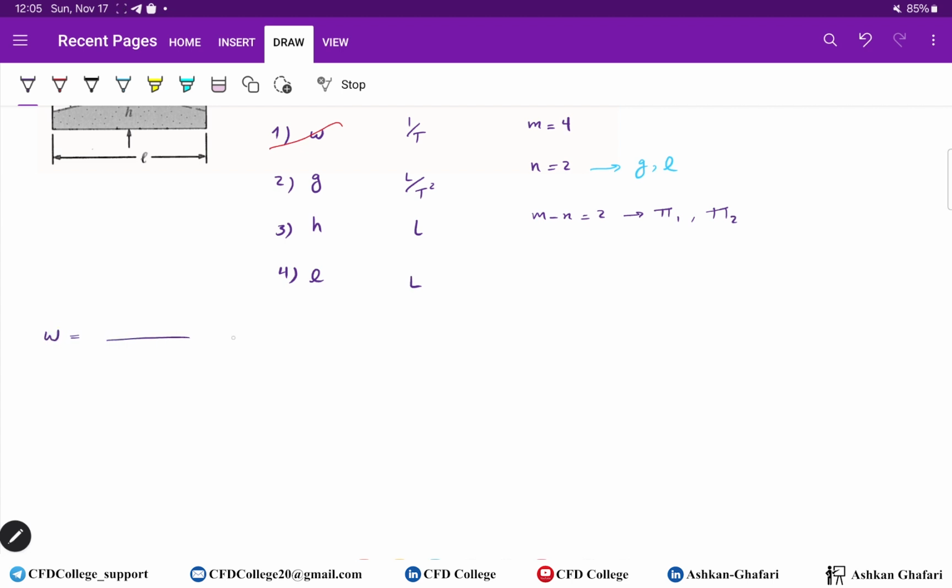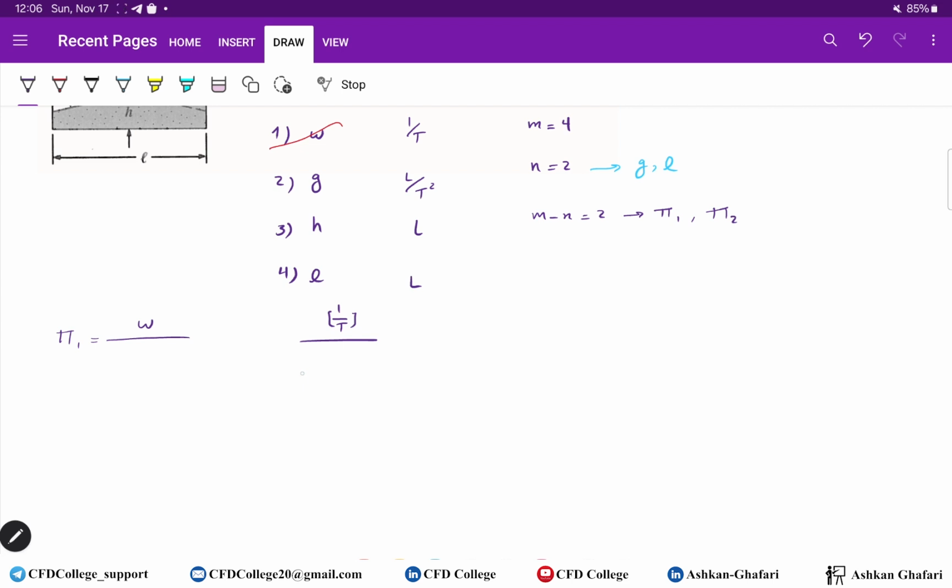Here we have omega for pi 1, the unit is 1 over t. To cancel this t, we should use gravity. But since we have t here and t square there, we need to use the square root.